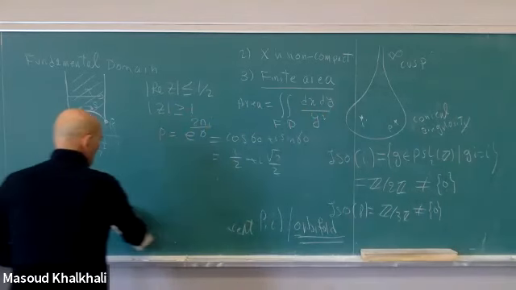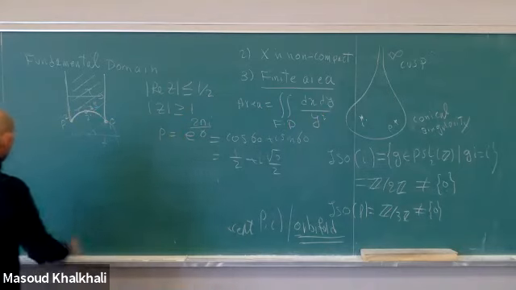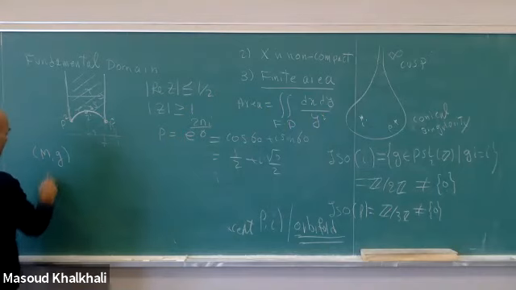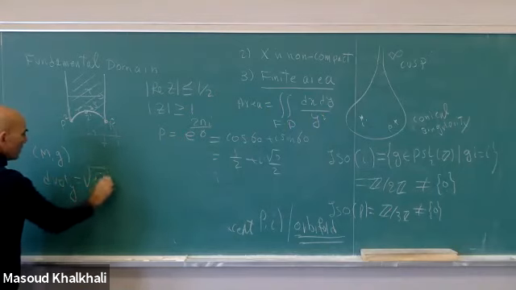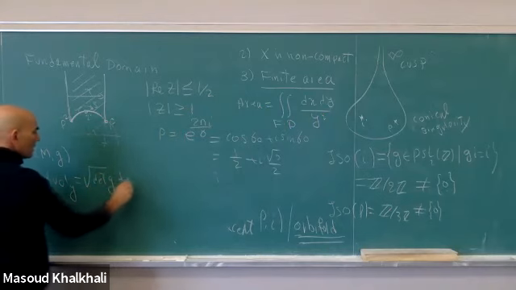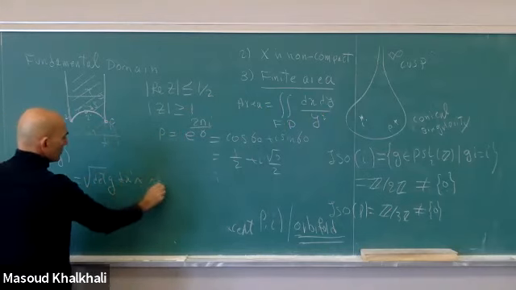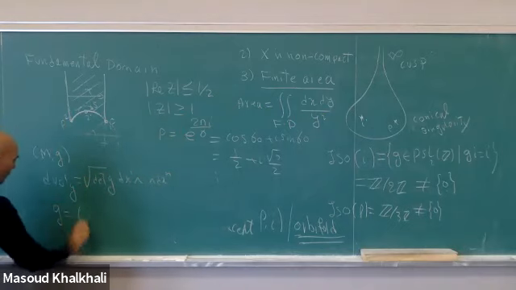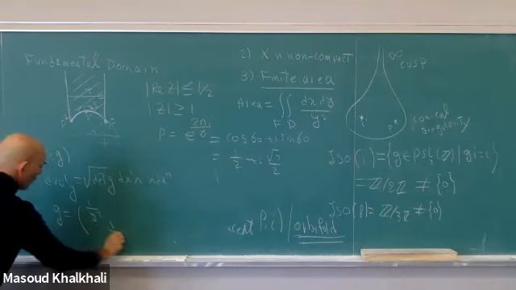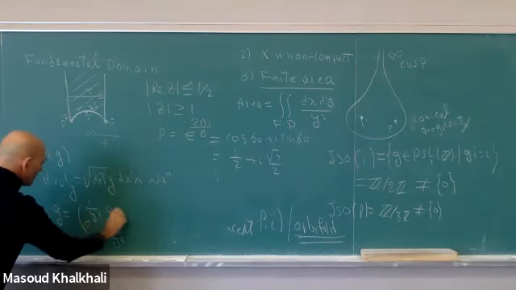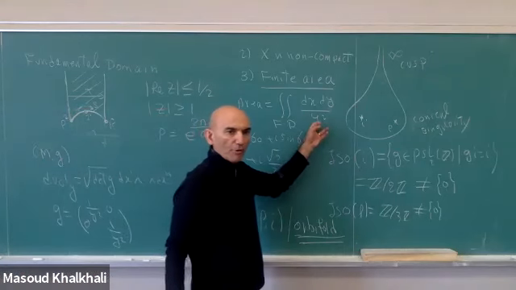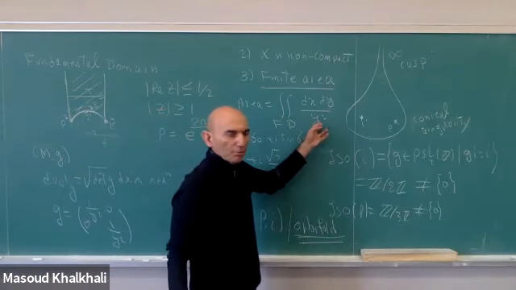Why do we have that? Because in general, for a Riemannian manifold (M, g), you have this formula that the volume form is the square root of the determinant of g, dx1 wedge dx2. And if you work it out, this g is now equal to the matrix with 1 over y squared, 1 over y squared, 0, 0. If you work out this, you get this area form. And this integral is elementary, you can compute.